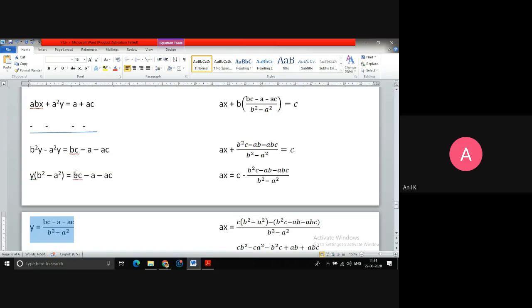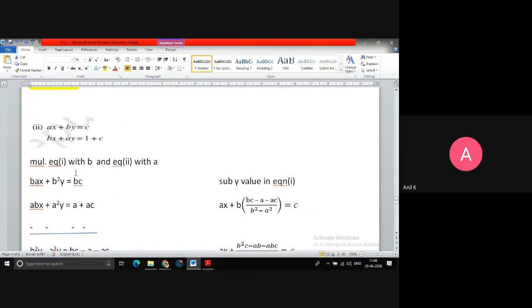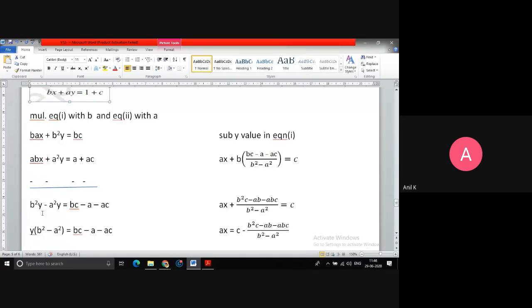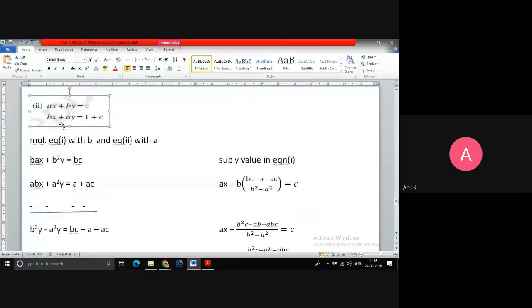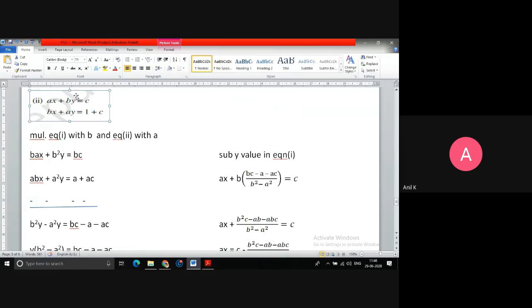Okay. One way: now we got the y value. To get the x value, I suggest the simplest way. Again, you take equation 1 and 2, multiply equation 1 with a, and multiply equation 2 with b and solve for x. The steps are the same as we have done here for the y value. Another way is to substitute the y value in either equation 1 or equation 2.